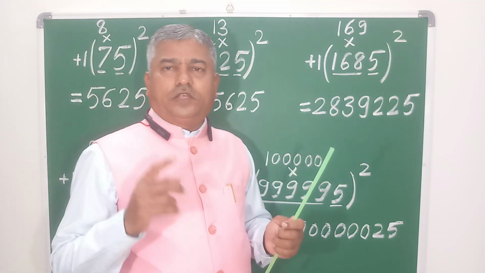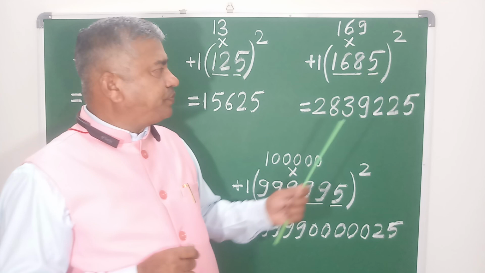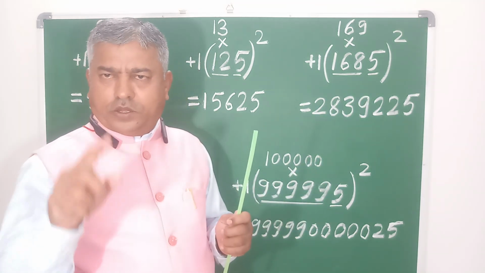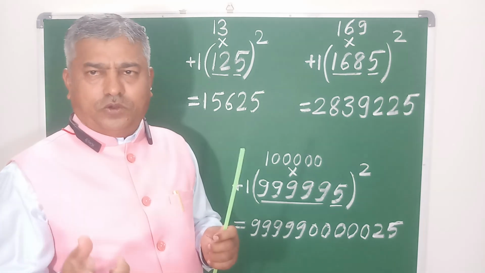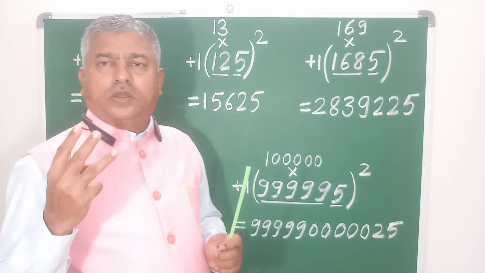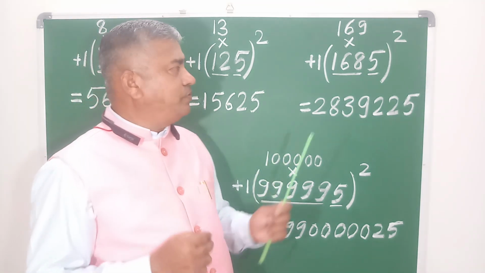Here also the same rule applies. The 5, a single digit, should be taken in a single group, the second group, and the remaining 3 digits should be taken in the first group.